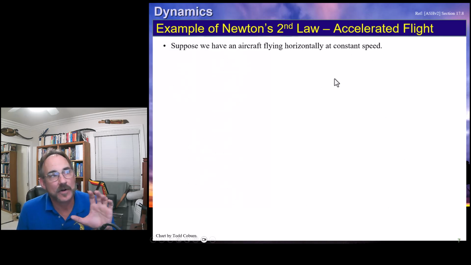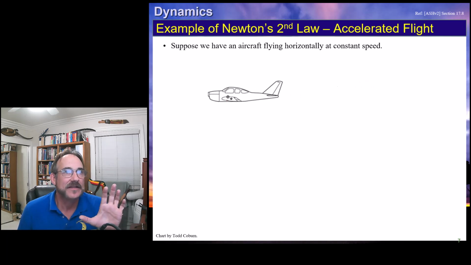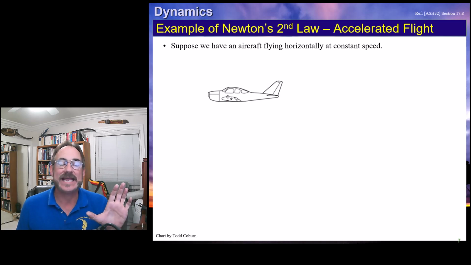All right, another way to look at this in a more practical sense, let's say we have this aircraft that was in horizontal constant speed flight, and then let's say we get an imbalance on it.